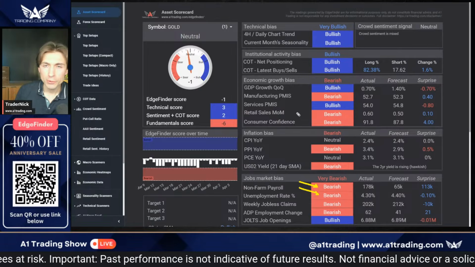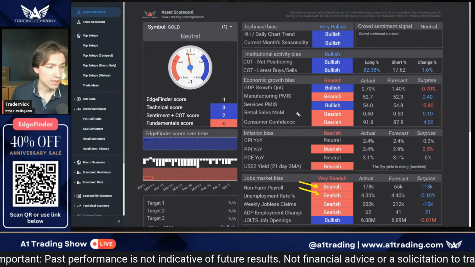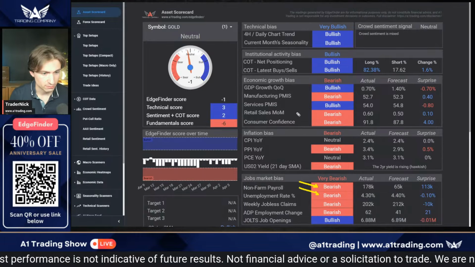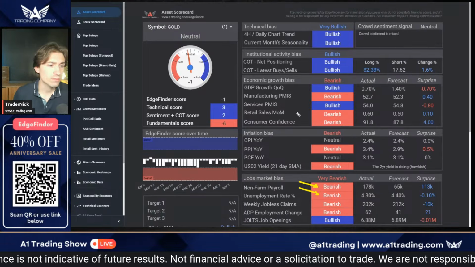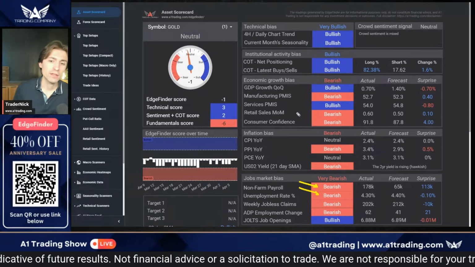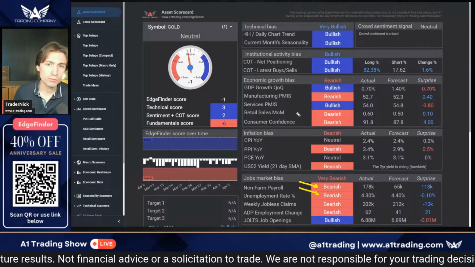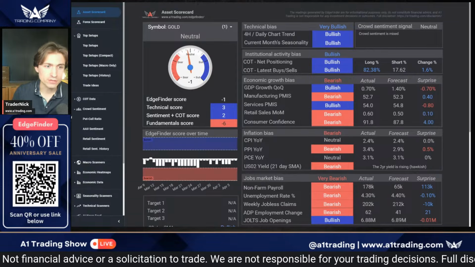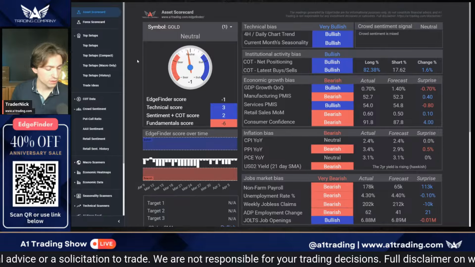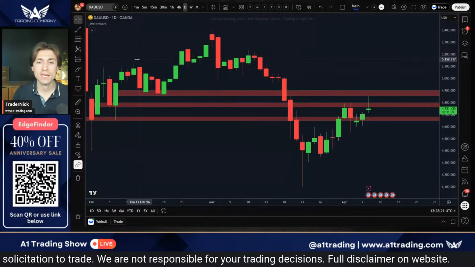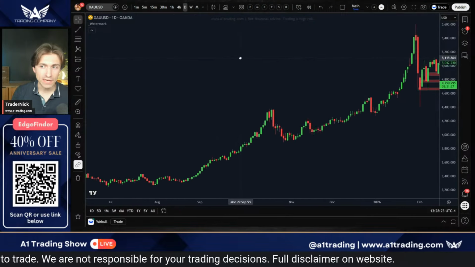So that doesn't put a lot of pressure for the Fed to feel like, hey, we need to cut rates dramatically, right? And so if you look at that, you say, okay, the story for rate cuts is just not very strong right now. And so maybe gold doesn't have that same fuel on the fire that it has had for a while.